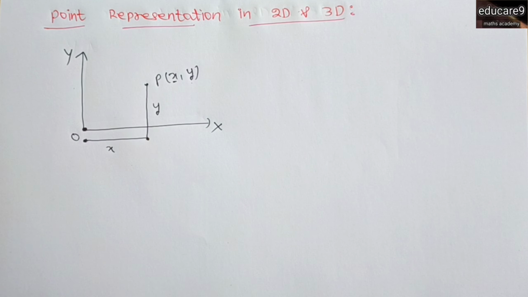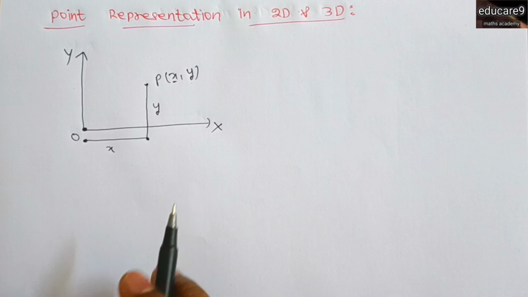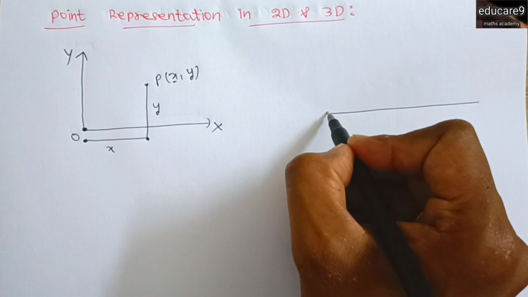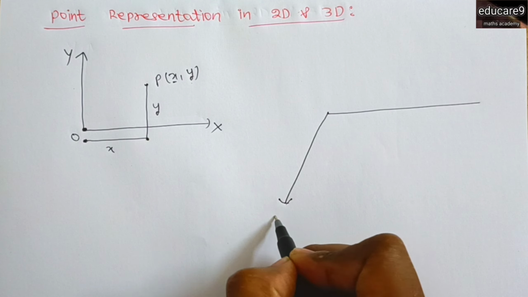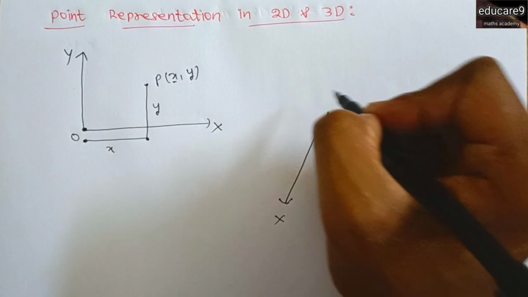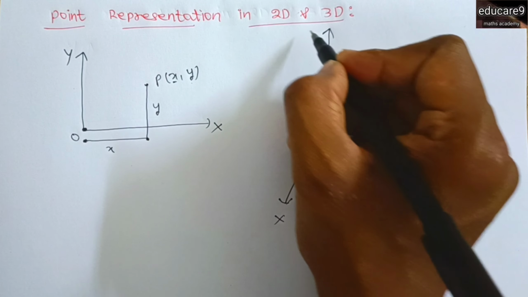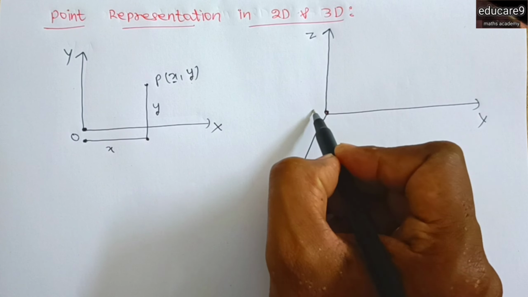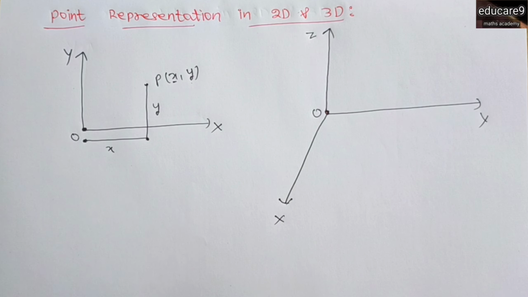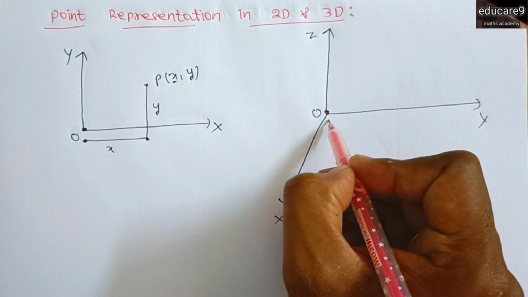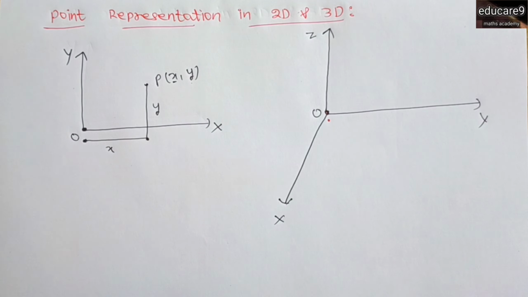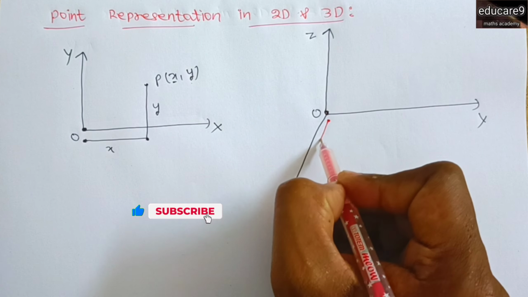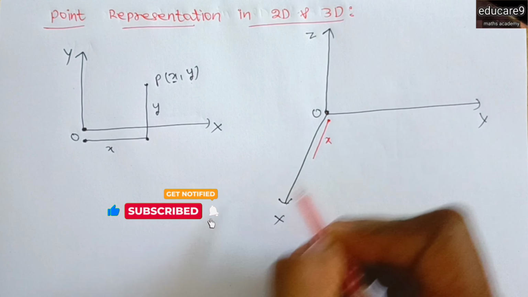And coming to 3-dimensional. In 3-dimensional we have to consider 3 axes. So this is the x-axis, this is the y-axis and this is the z-axis. Now the point of intersection of the axes is the origin. For example, a person starts at point O and he moves parallel to the x-axis at some distance x.